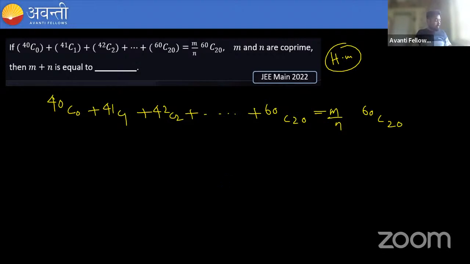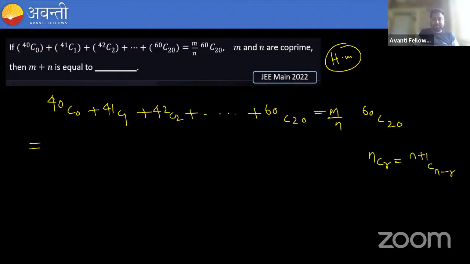Yes. So can we say 40C0 and 41C1? Can we write this using a formula we now know, that nCr is equal to nC(n minus r)?